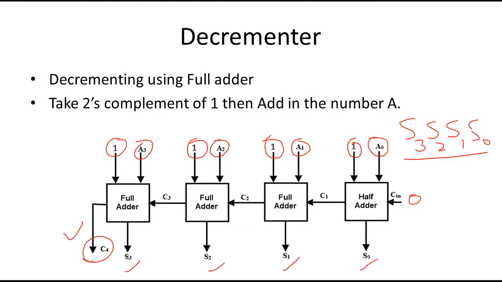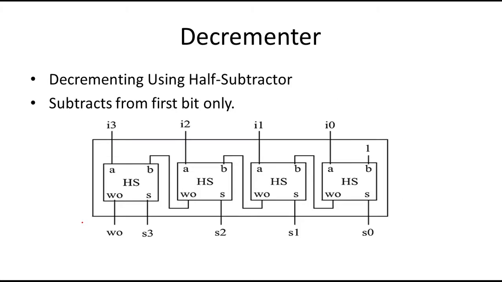Because for just subtracting 1, our circuit is too complex and too heavy and takes too much time, because a full adder has a lot of gates in it. To simplify this complex circuitry, we can also use half subtractors to achieve a decrementing operation.